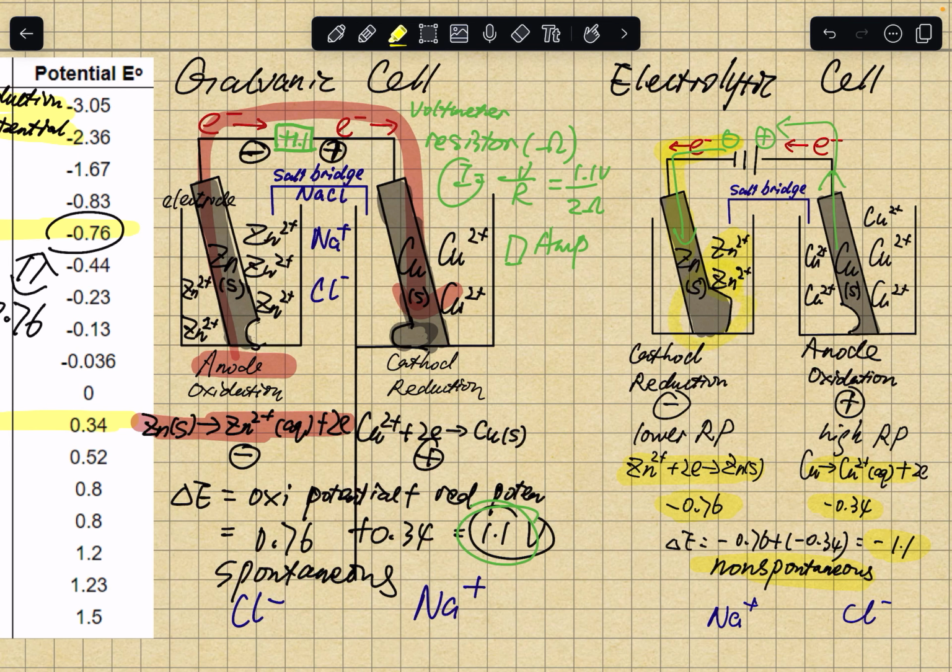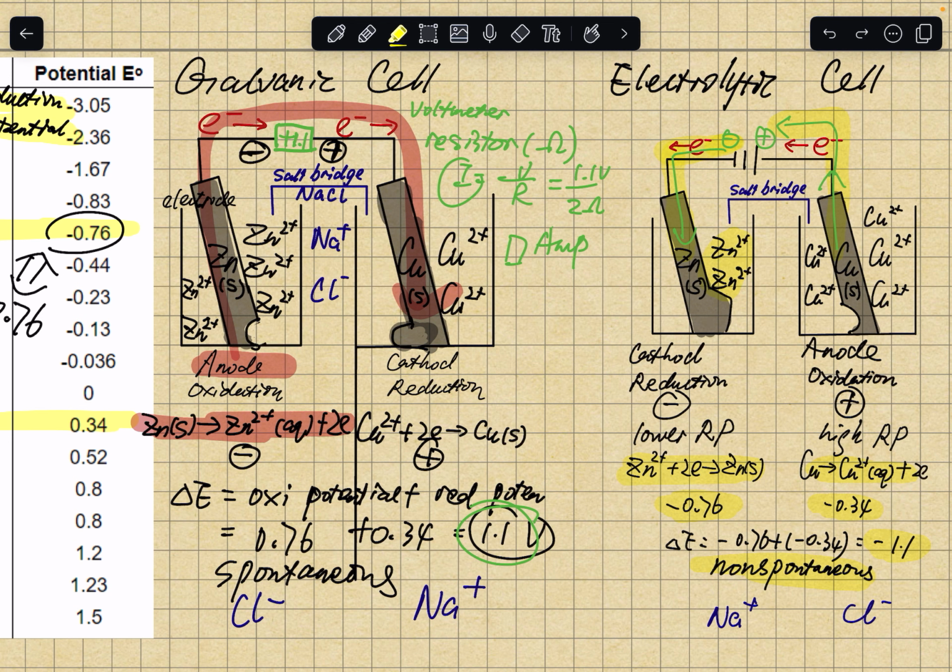As you can see, I drew this bulge on the electrode, meaning that it's gaining mass, right? And the electrons from the copper side, the anode side, will flow out, meaning that more and more aqueous copper cations are formed, and we're losing more and more of the solid copper. That's why you see this shrinking of the mass of the solid copper electrode, okay?